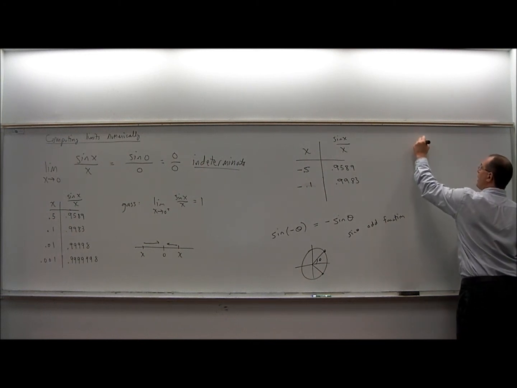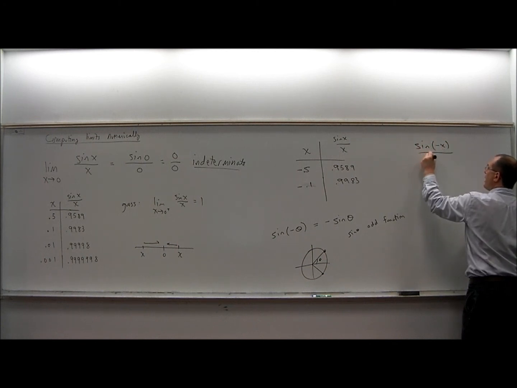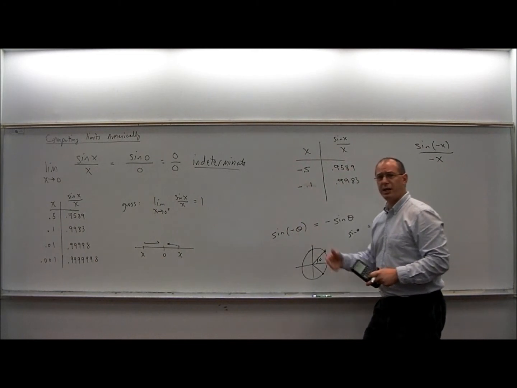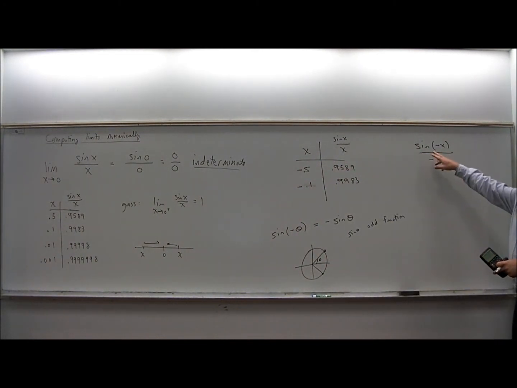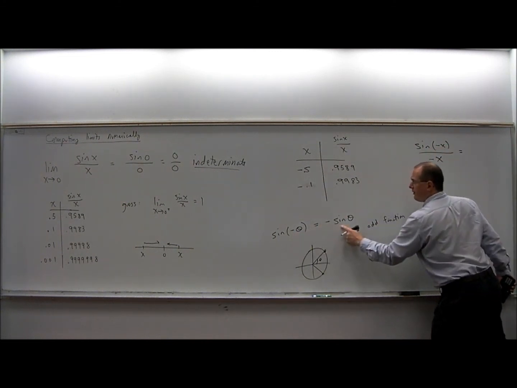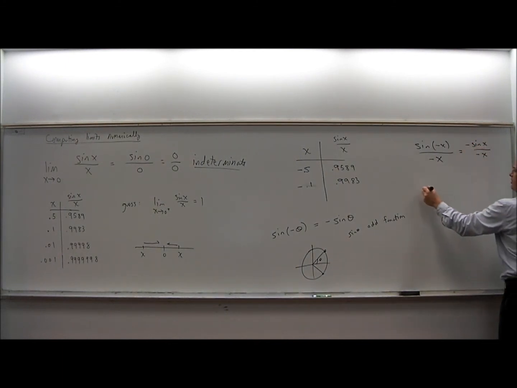And now if we look at our fraction with negatives plugged in, take sine x over x, but plug in the negative. Sine of negative x over negative x is equal to, according to the oddness of the sine function, negative sine x over negative x, and now you just cancel the negatives and you get sine x over x.